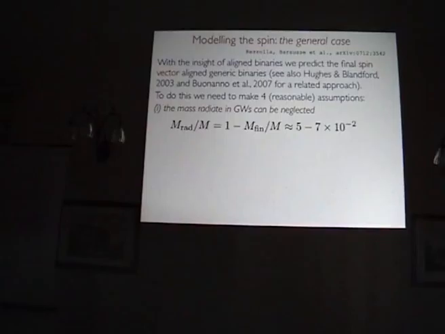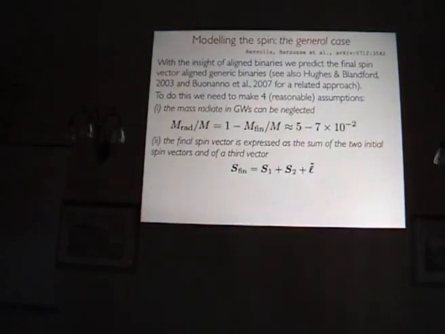So the first one is that, for simplicity, in order not to have another parameter in our expressions, we say that the radiated mass is very small. And actually this is quite true. I mean, usually you see that the amount of mass lost to gravitational waves is a few percent. Okay? Then we say that the final spin is equal to the sum of 3 vectors, the 2 initial spins plus this other vector L tilde.